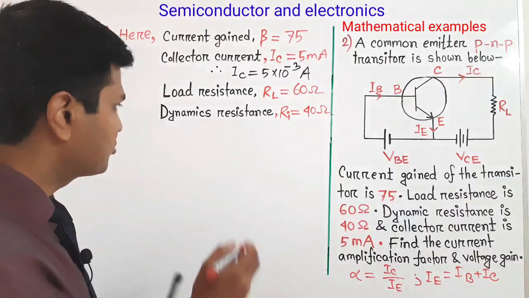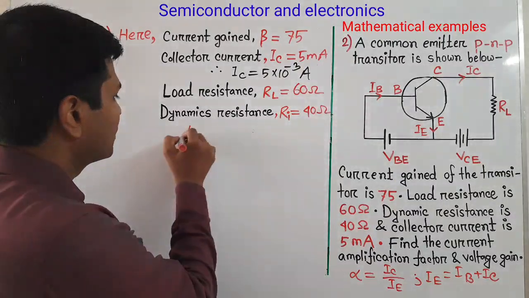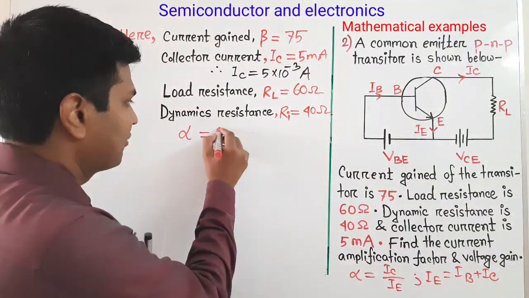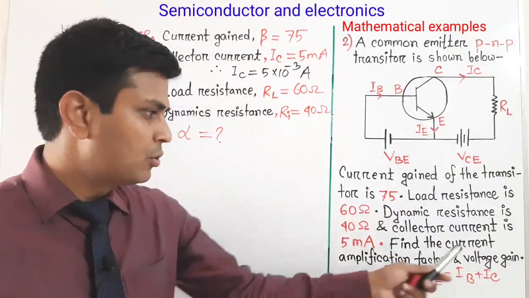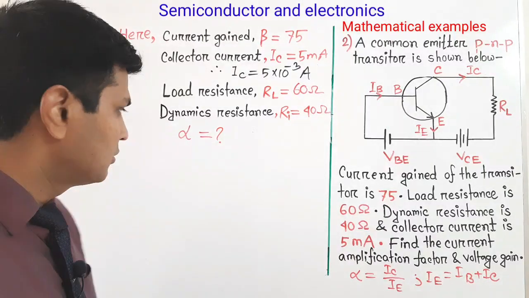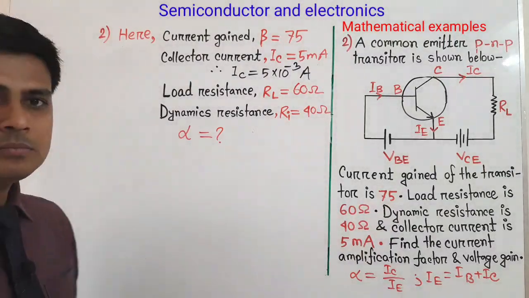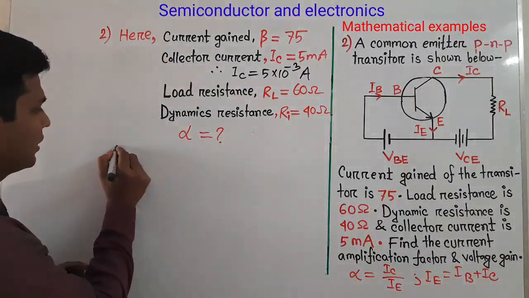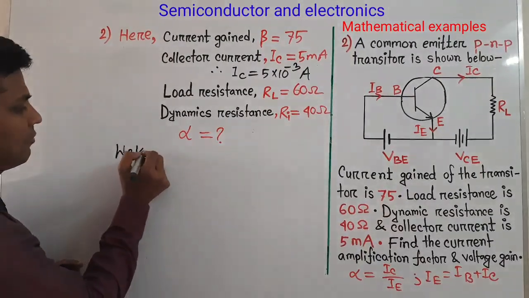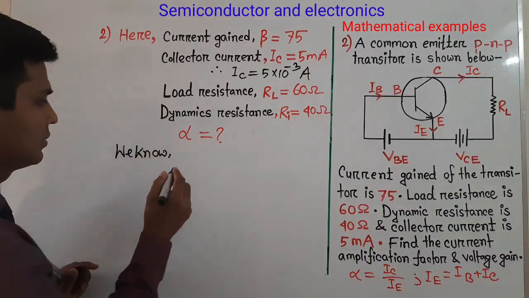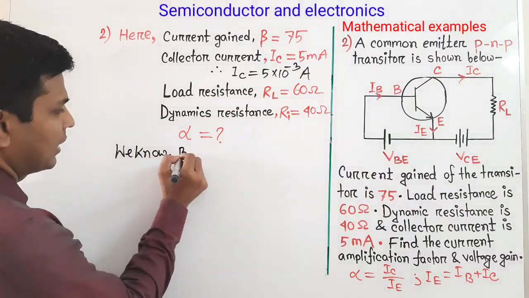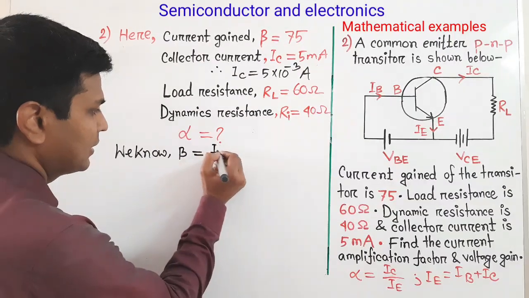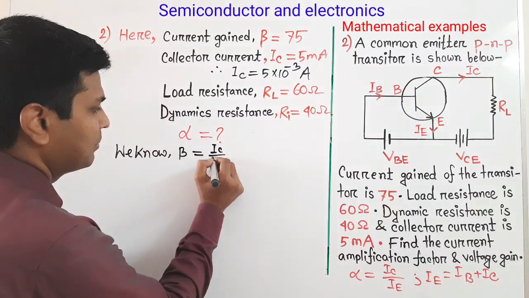So first of all, we want to calculate the value of the current amplification factor, that is alpha, and then the voltage gain. So my dear students, first of all, we have to apply the formula of beta, and you know the formula of beta is IC divided by IB.